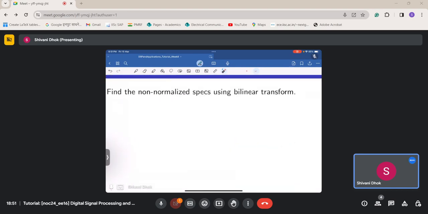So this step of getting the unnormalized specifications is important. You shouldn't directly start from the analog specs and go for analog filter design. You should first find the normalized specifications, and then go back to the analog domain to design the equivalent analog filter.